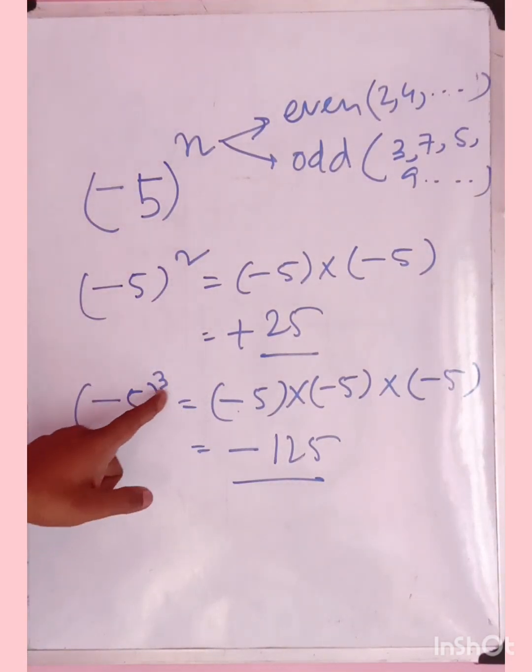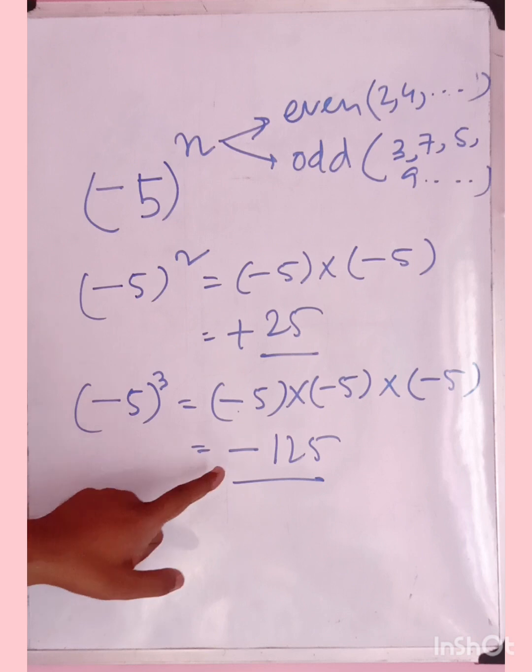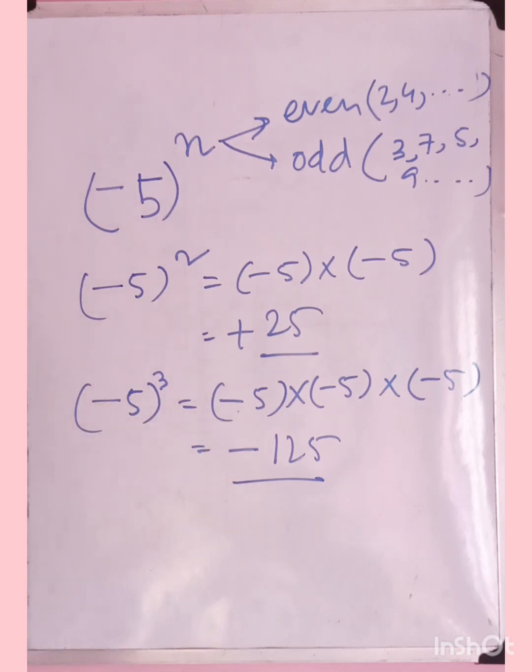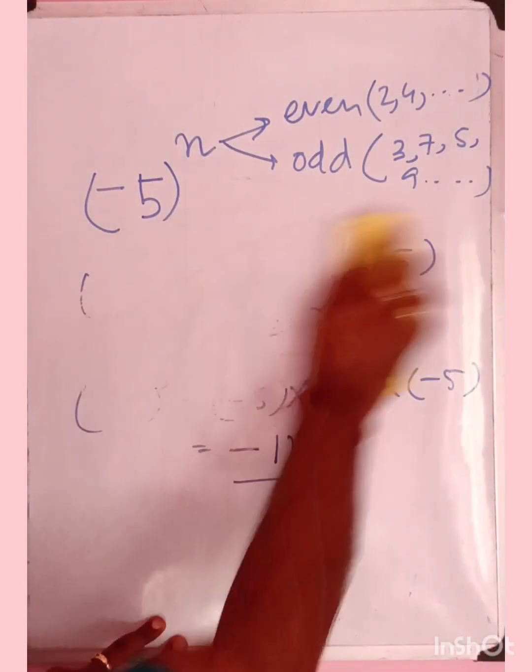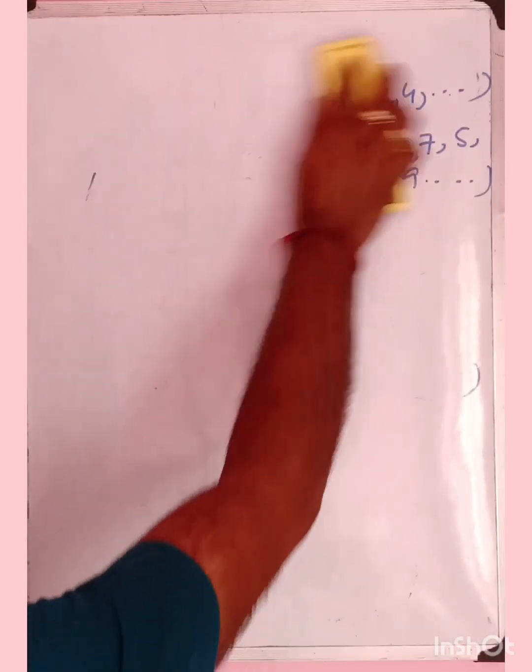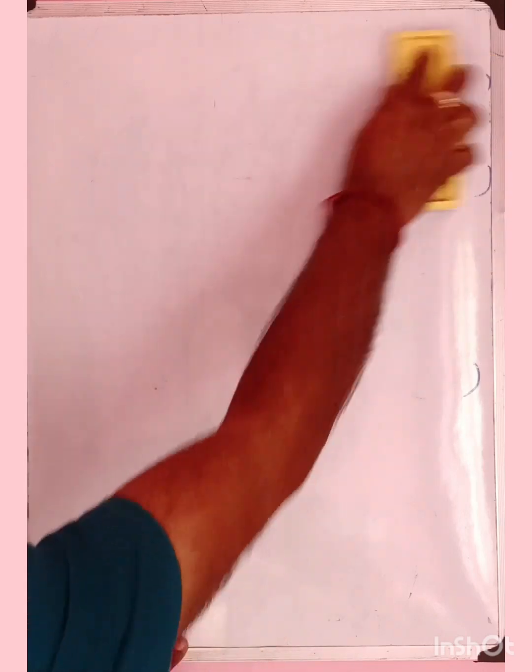If the power is odd, minus remains minus. So a negative number raised to an even power is positive, but a negative number raised to an odd power is negative.